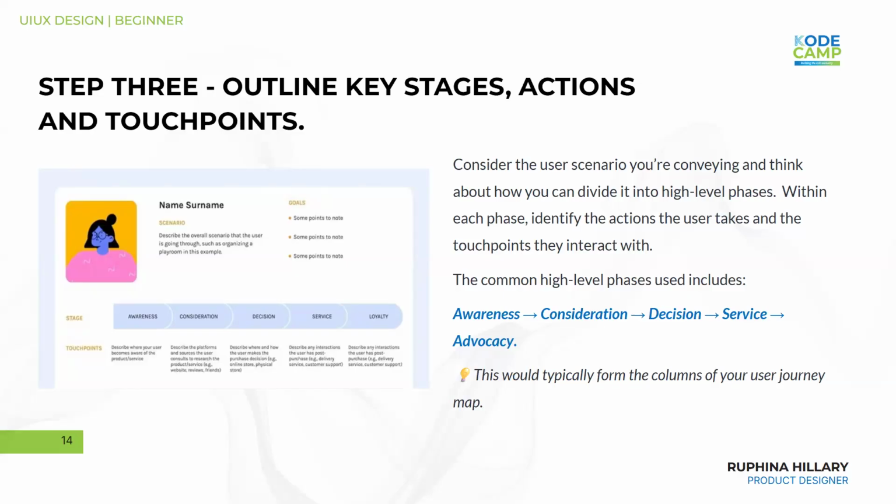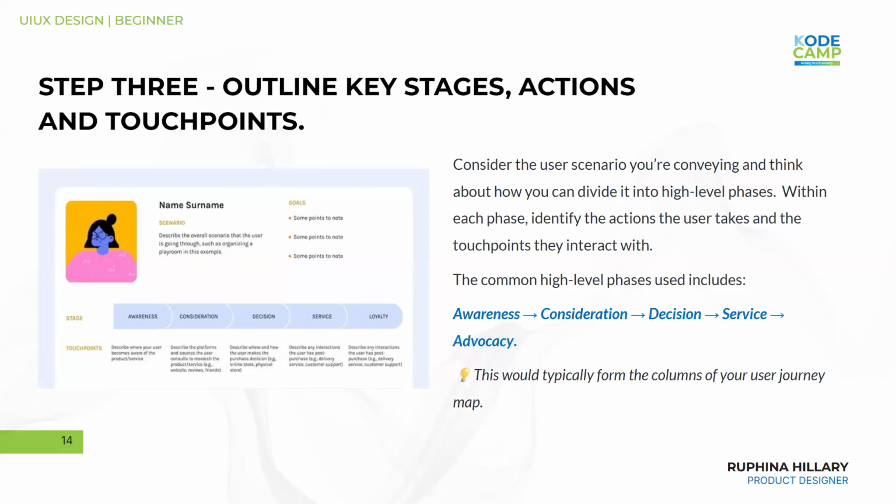So these are key stages, and at each key stage there are different touch points. Touch point, like I said before, is how we interact or how we identify each phase. Then actions that we take at each phase.